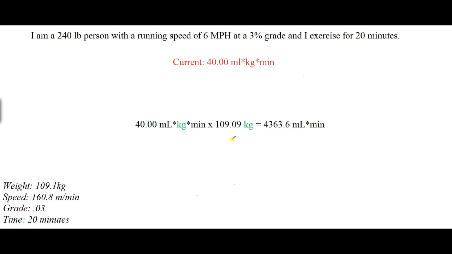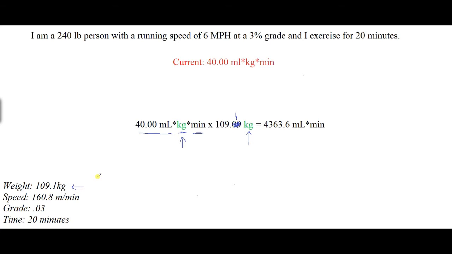So if we're going to take into account our weight, we would put the 40 milliliters, again, and that's per kilogram per minute. So we're going to be taking into consideration this portion right here. And we multiply that by 109.1. Okay, right here. I know it says 0.09.